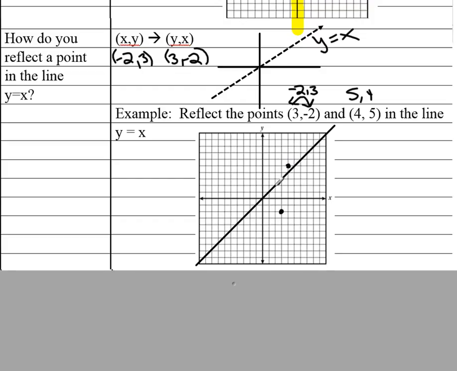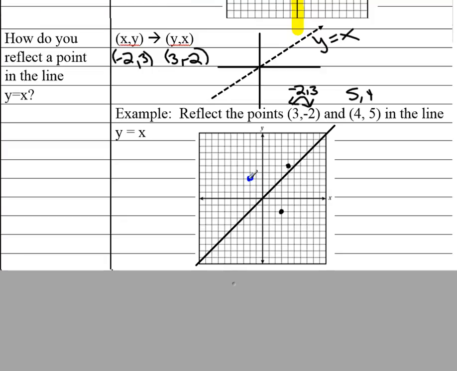But you can also take the slope and basically do the inverse of it. So if we went to the right 3 and down 2, that means we're going to go to the left 3 and up 2 to get to our next point. And I'm going to take our next point and do it in a different color so you can see the difference. So I would go to the left 2, 1, 2, and up 3, 1, 2, 3.